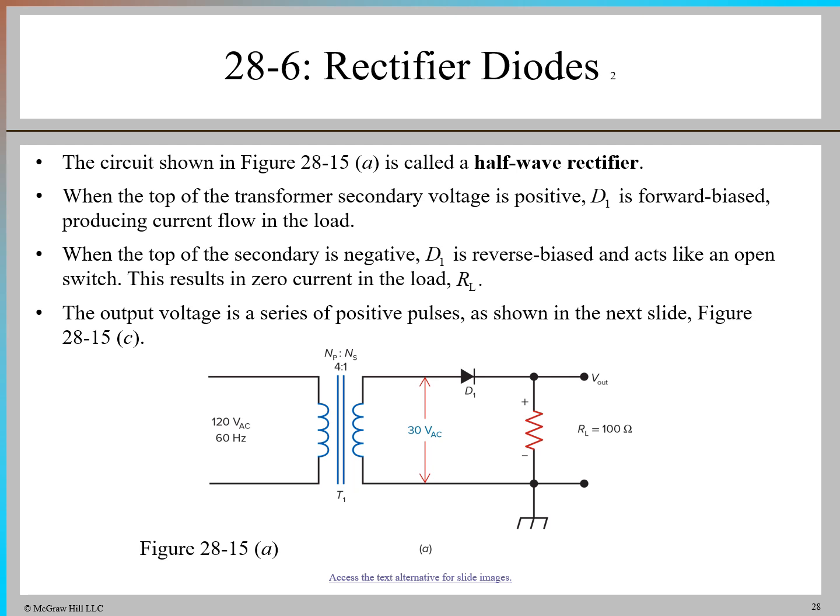As a result, the output voltage consists of positive pulses corresponding to the periods when the diode is conducting current.